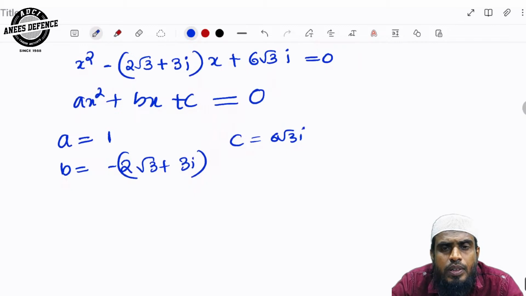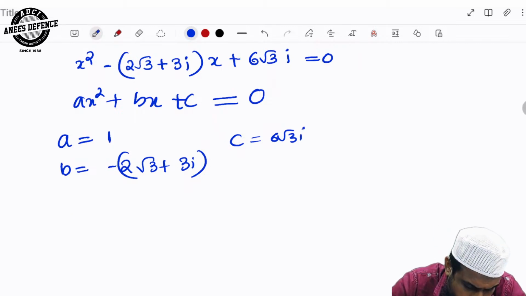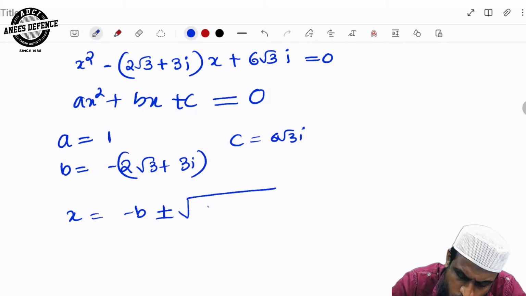Anyway, we can go and find out the roots of the quadratic equation by using the quadratic formula x is equal to minus b plus or minus root of b square minus 4ac by 2a.